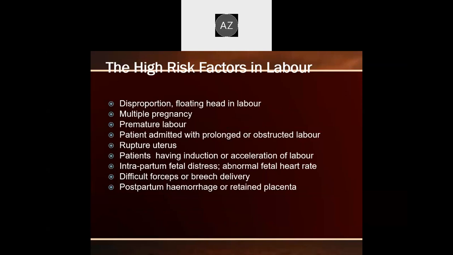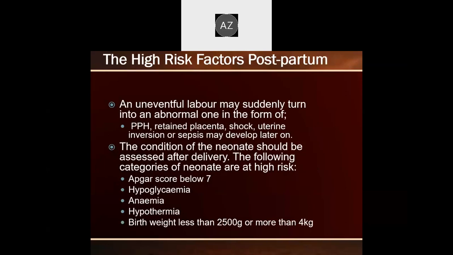Then you can have multiple pregnancies: you just discover that there's twinning, and then the mother is in labor. Then rupture of uterus, induced or accelerated labor, precipitate labor, and difficult breech delivery.